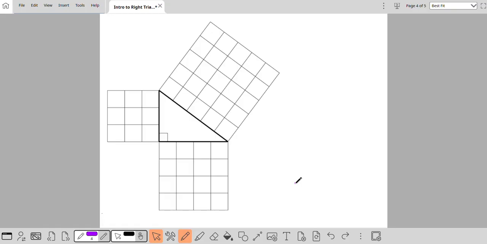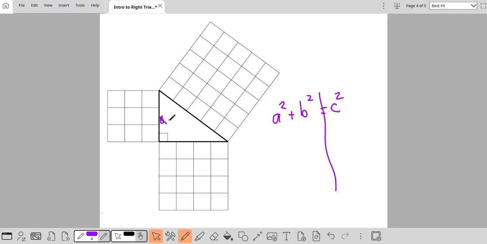We have an example here, okay? And we're going to prove that this triangle here is a right triangle. Well, the only way to prove that is to make sure that a squared plus b squared equals c squared. Okay, that has to be the situation for this to work. So let's come over here and label these.